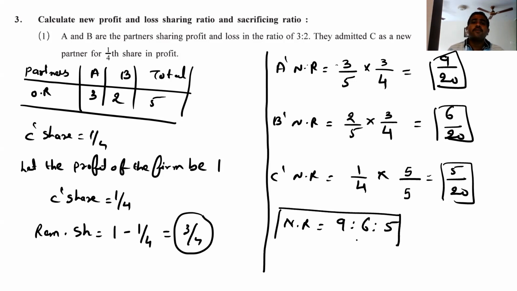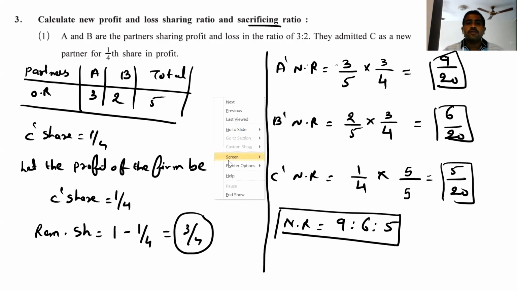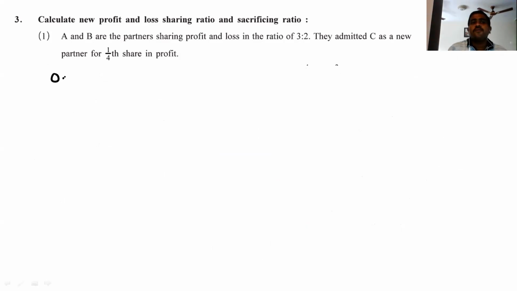And they are asking one more thing: the sacrifice ratio. Here they have written sacrifice ratio, and for that we have the formula. Let me remember our new ratio, 9 is to 6 is to 5, and the total comes to 20, while the old ratio is 3 is to 2, total 5.